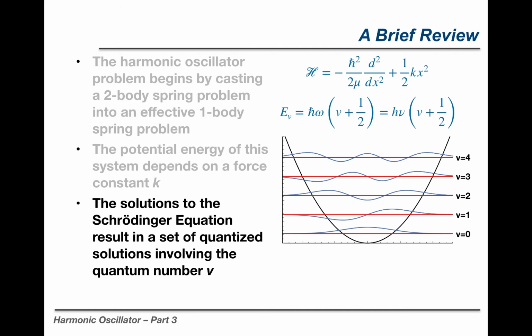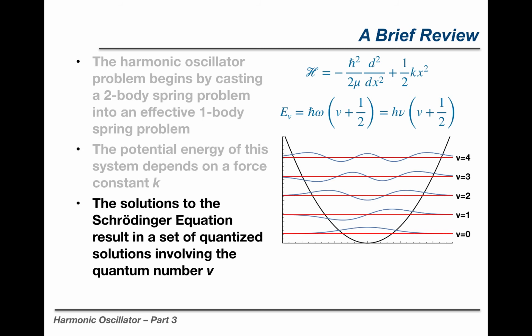The very last thing we did in class then was to draw the potential energy surface, or the 1D curve, shown here in black, and draw energy lines, shown in red. We discussed how those energy levels are equally spaced. v, the quantum number, begins at 0 and continues in integer increments to infinity.